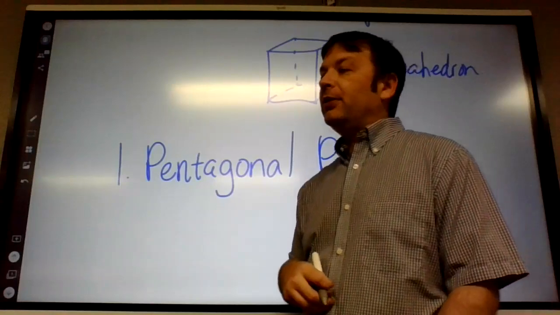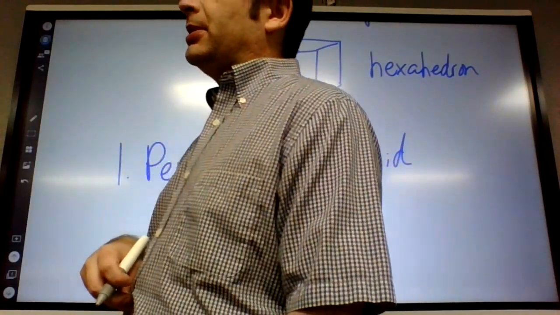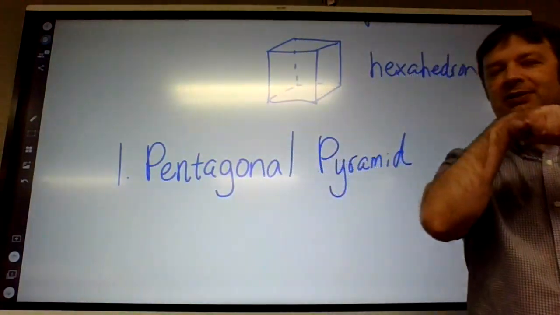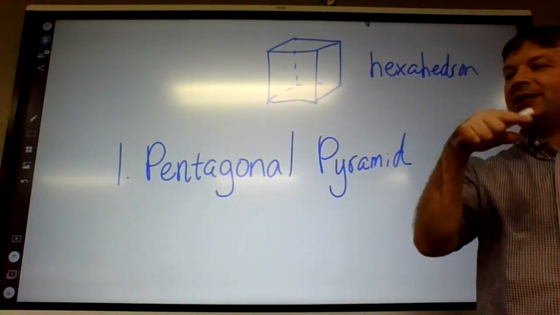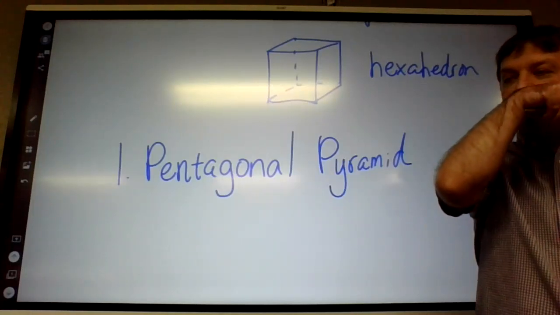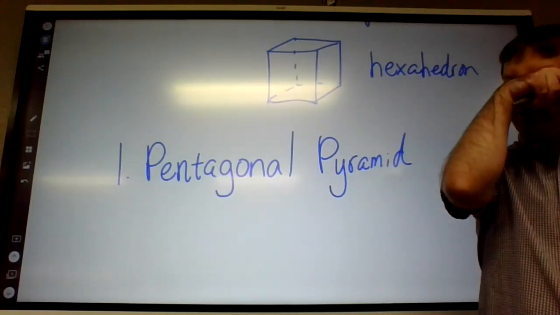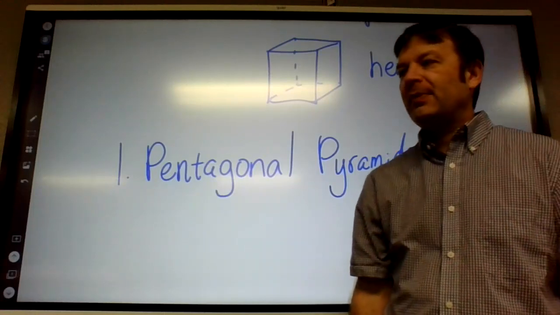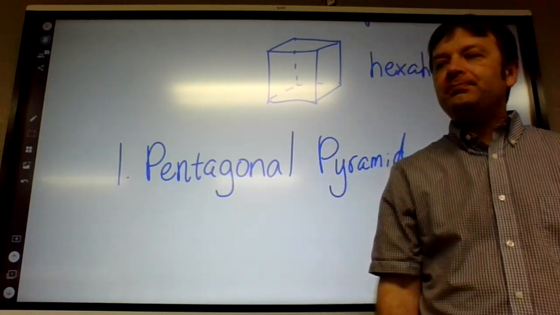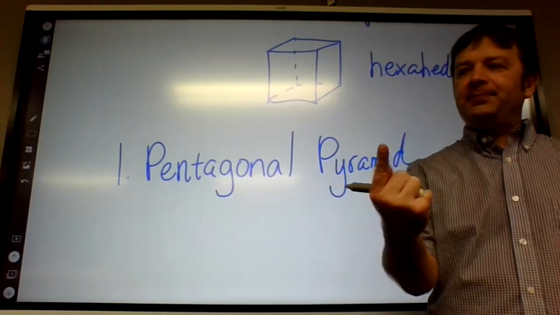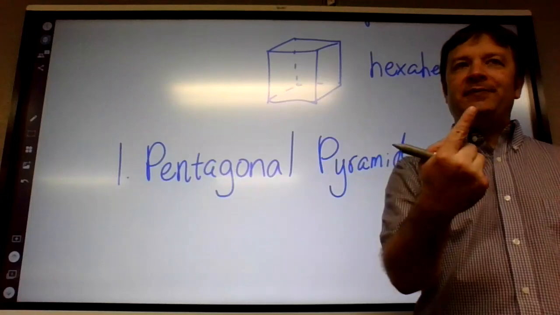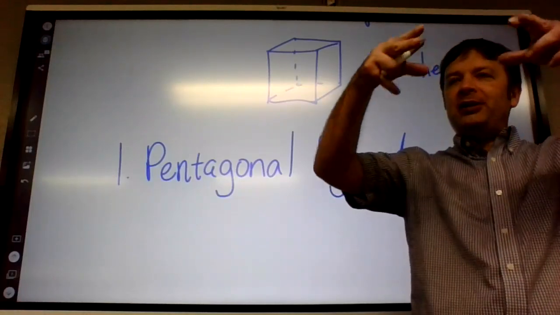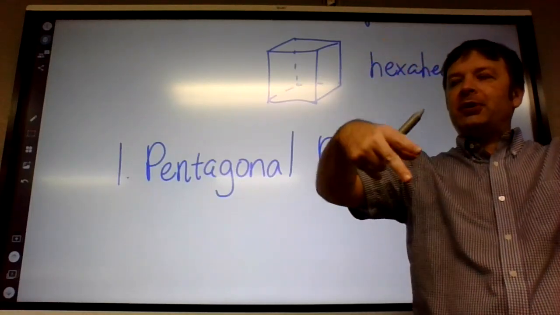What they mean by classify the polyhedron is name it according to its sides as well. So how many sides does that pyramid have? Because the base is a pentagon, 5 sides, there's a triangle coming up. Those are called the lateral sides.